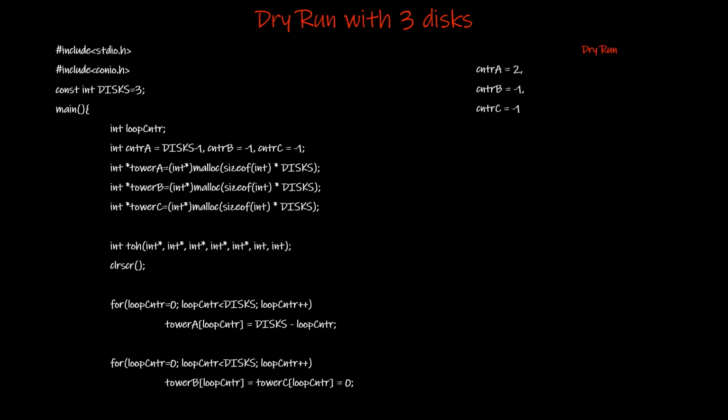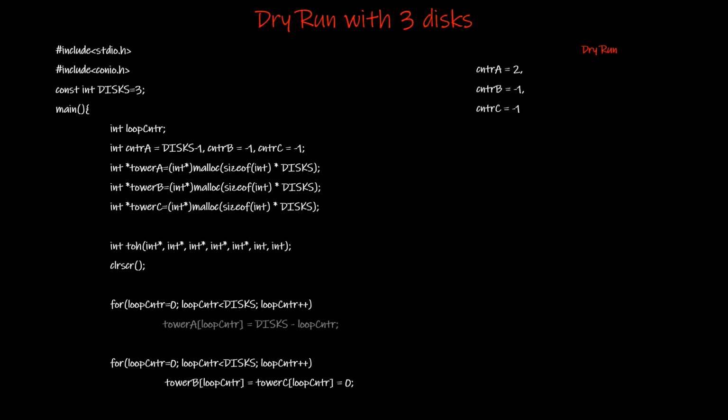Then we have the arrays created and their addresses assigned to tower A, tower B, and tower C integer pointers. So that is done. Then we declare the TOH function. The SCR function is called.